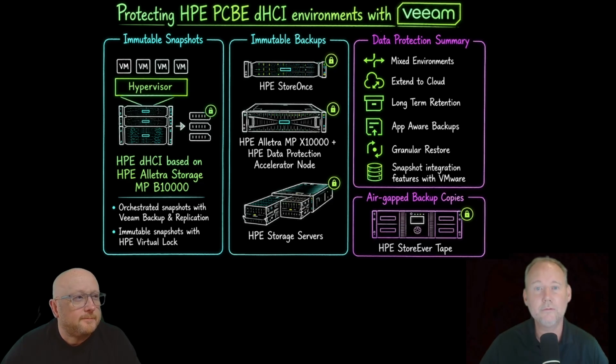So that would be more of their core offering in the data center, and SimpliVity would be more of an edge environment offering. And I'm going to assume that most people watching this video are familiar with both of those architectures. But just to briefly talk about them.